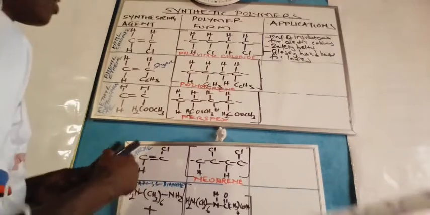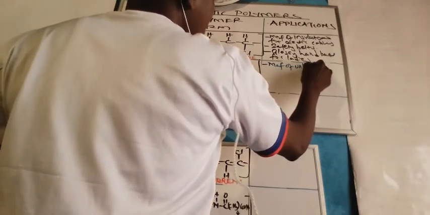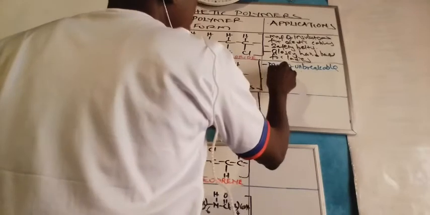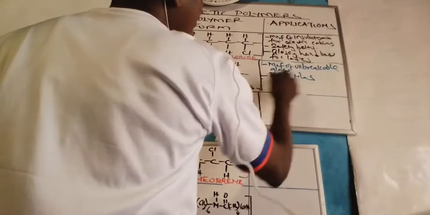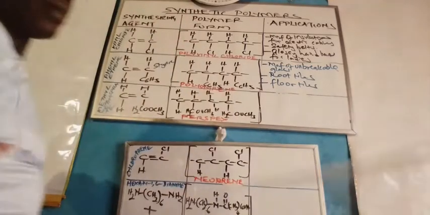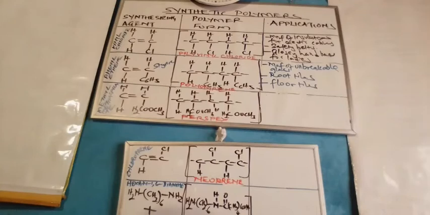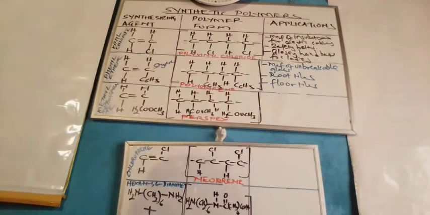Now, this synthetic rubber has a varied range of applications, namely, one, manufacture of unbreakable glass, number two, we can use it to manufacture roof tiles and even floor tiles, depending on the degree of hardening. When it is used for manufacture of unbreakable glass, it serves as a bulletproof, and when it's used as roof tiles and floor tiles, it's for decoration purposes.